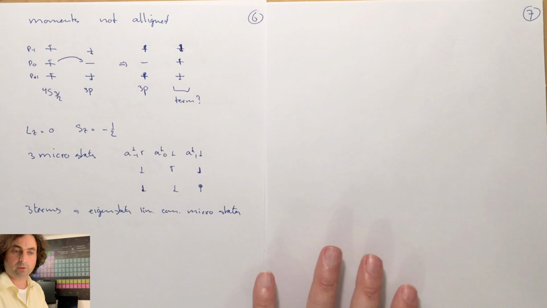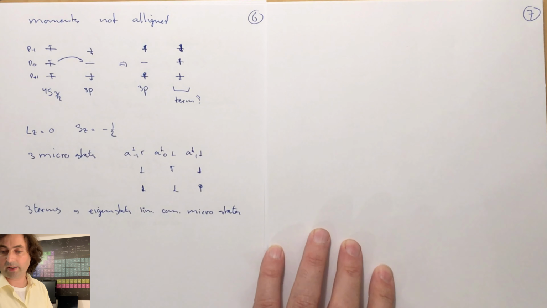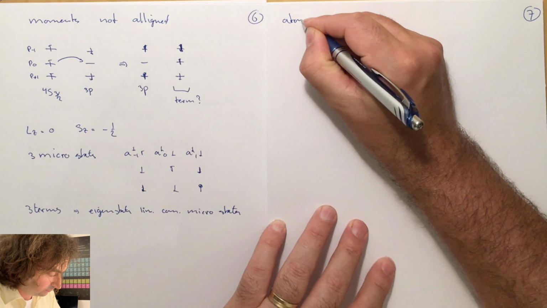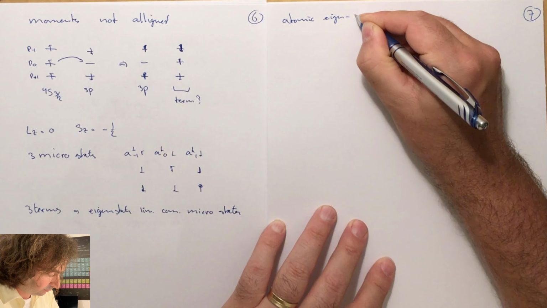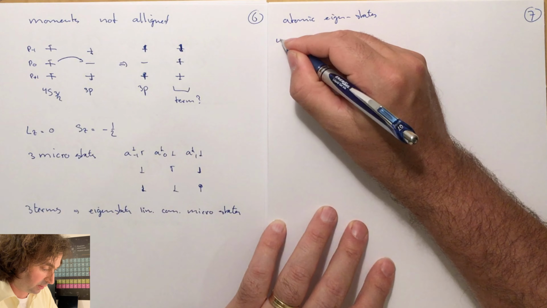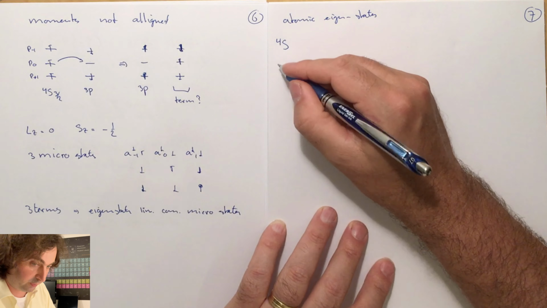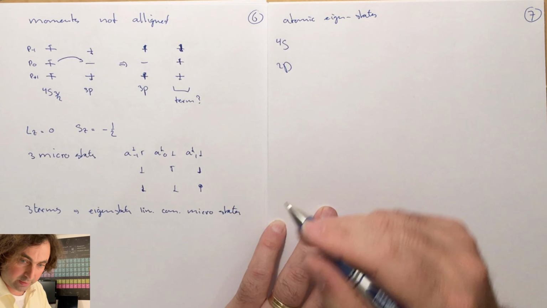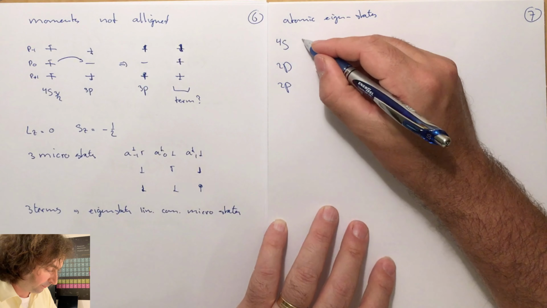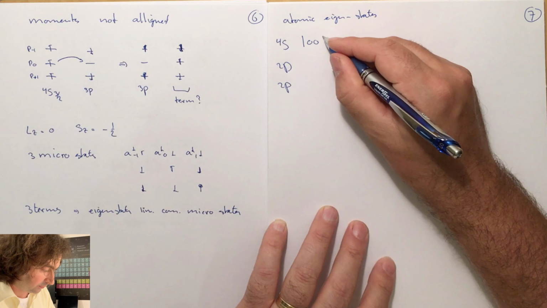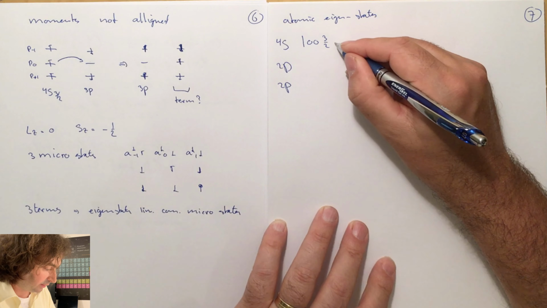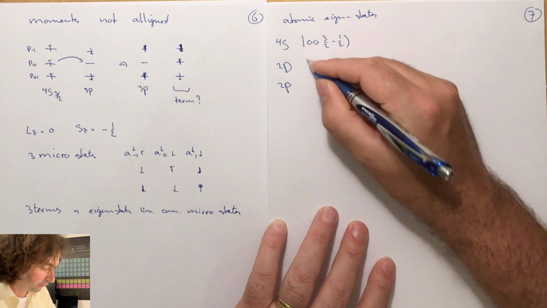Now, if we solve for the atomic eigenstates of a p3 configuration, we did this for a d2 configuration in one of the previous videos, so I'm not going to repeat it here, but we'll find 3 different terms: the 4S, the 2D, and the 2P, the quartet S, the doublet D, and the doublet P. They have L is 0, Lz is 0, S is 3/2, Sz is minus a half.